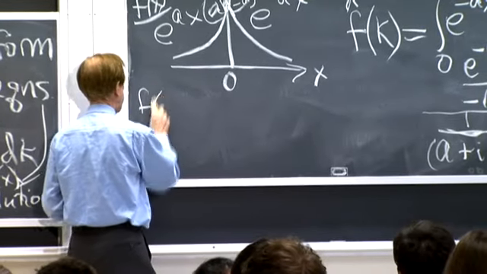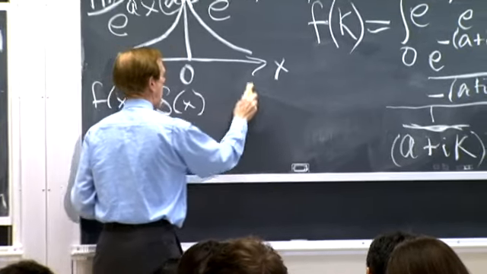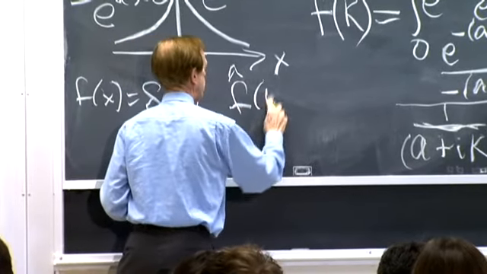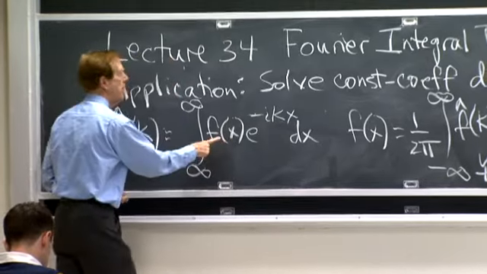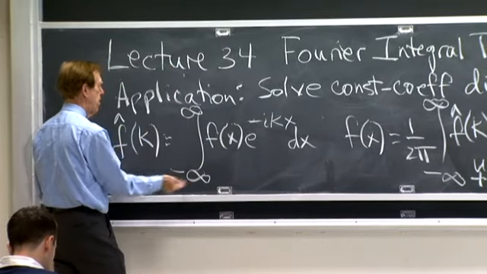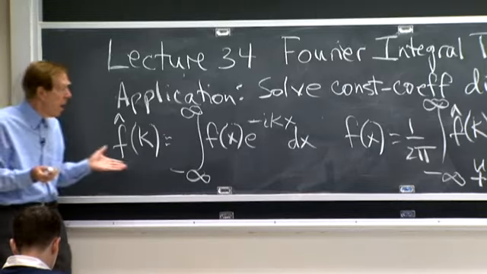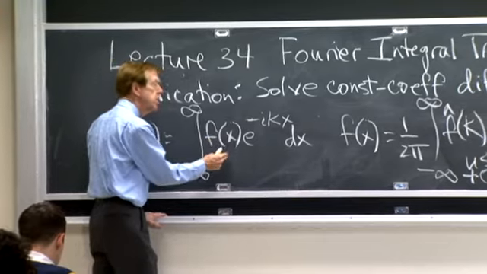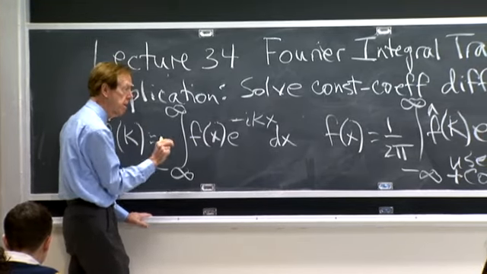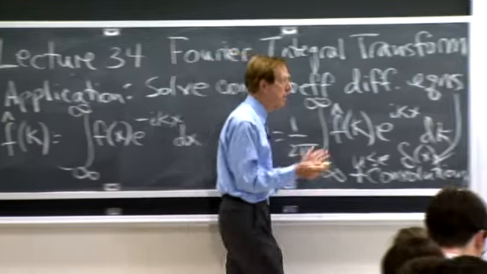Suppose f of x is the delta function. What's f hat of k? Can you just plug in f of x equal delta of x here, do that integration, and what does f hat of k come out to be? 1, because if it's a delta function, the spike is at x equals 0, so I plug in x equals 0, I get 1.